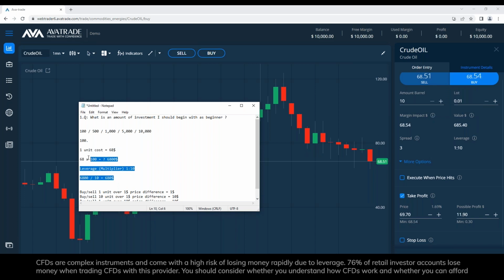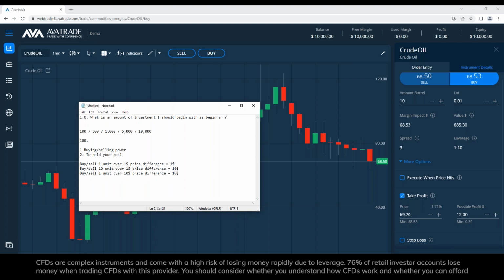Guys, I want you to understand that your margin is supposed to do one of a few things. It's supposed to give you buying or selling power, and the other thing that it's supposed to do is to hold your positions.